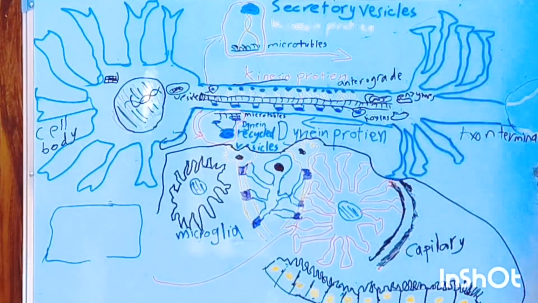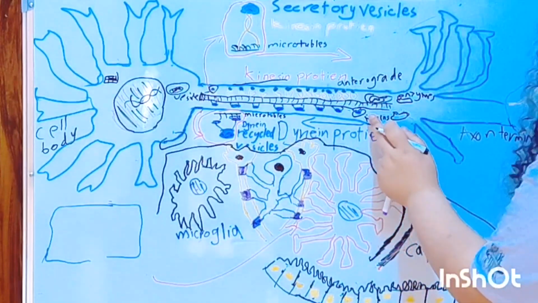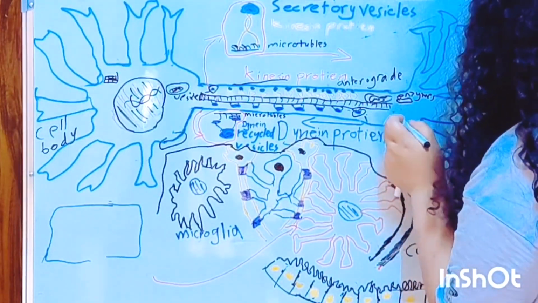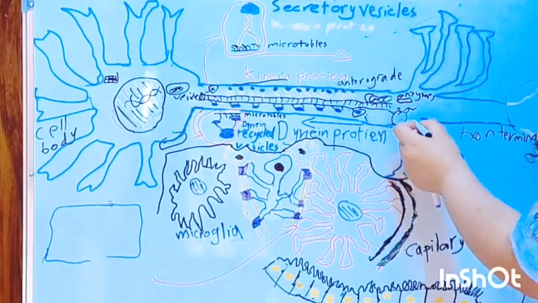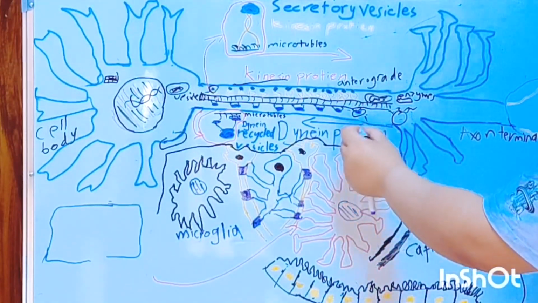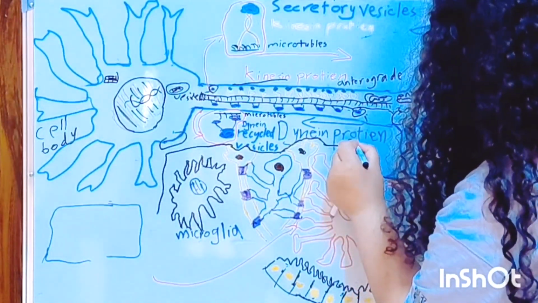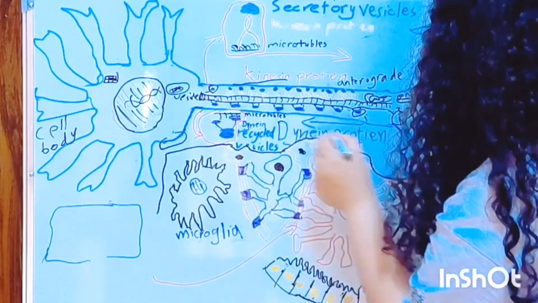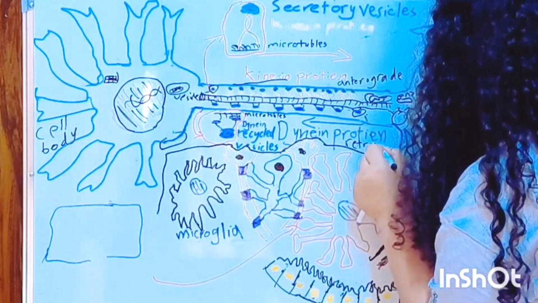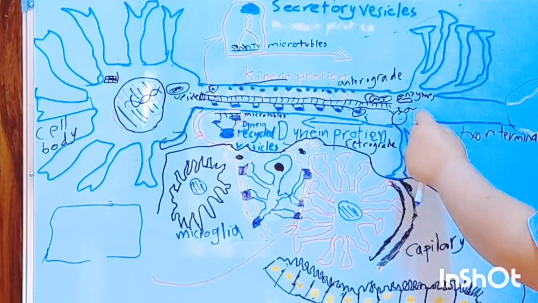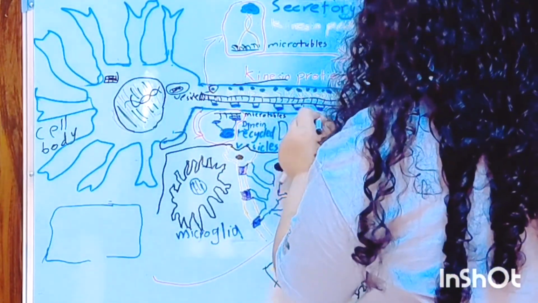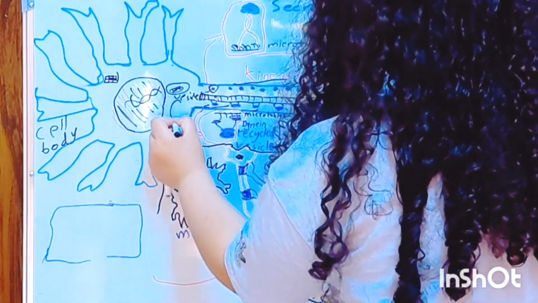But something very bad can happen sometimes. For example, maybe a virus can come by the retrograde, which is the movement from the terminals to the cell body, retrograde. So some viruses can move in this way and reach the cell body.